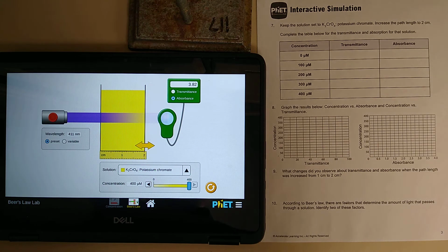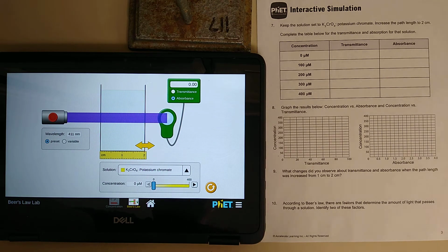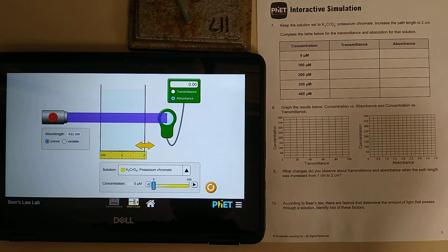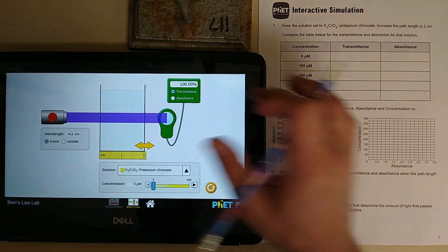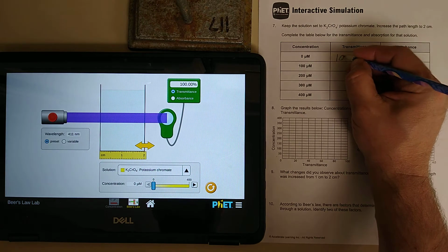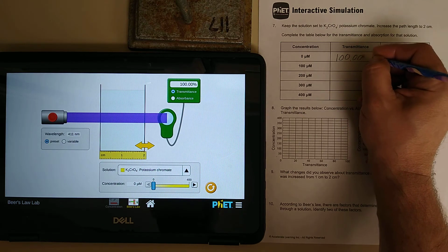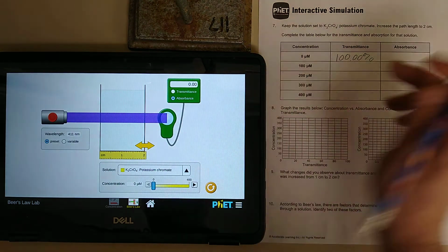And now complete the table for the transmittance and absorption for that solution. All right, so we'll drop the concentration all the way back down to 0 again. We have transmittance of 100% and an absorbance of 0.